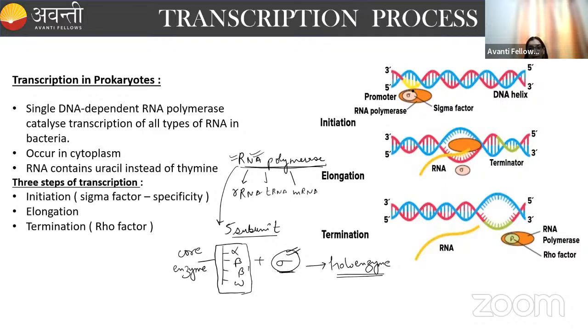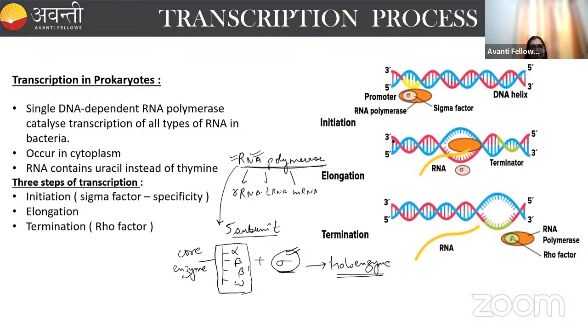Sigma factor will recognize the promoter region, because every promoter has conserved sequences. For example, if I take bacteria from different places, each bacterium's promoter will have the conserved sequences.